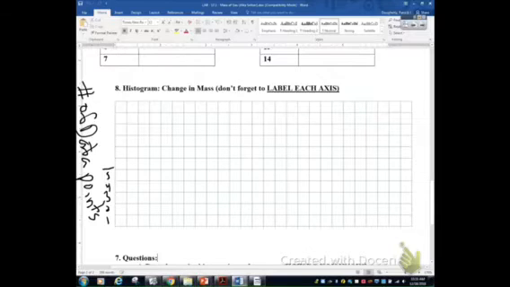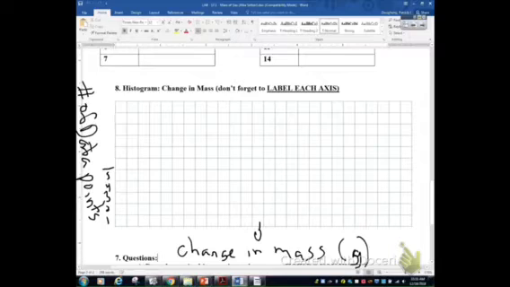I'll just go right about here, and I'll say that's 0. So let's make sure we label this change in mass, and that will have the units of grams. Now going left and right, I'll fill this in as best as I can, but I don't have a lot of room here the way I'm doing this. So on the right hand side, that's where we'll have positive changes in mass.